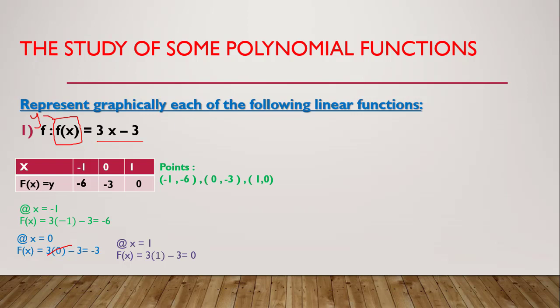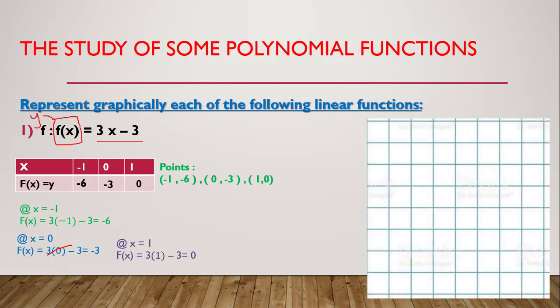Okay, now it's time to draw this straight line. This is the x and y axis. The first point is -1 and -6. So I'll take -1 from the x-axis, then go down until -6.